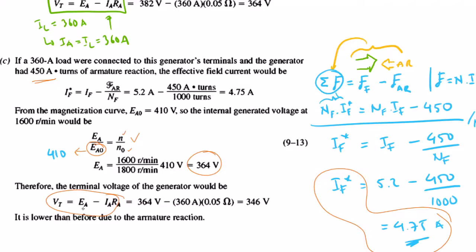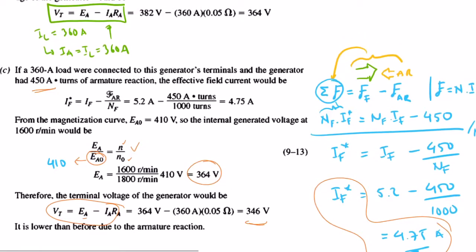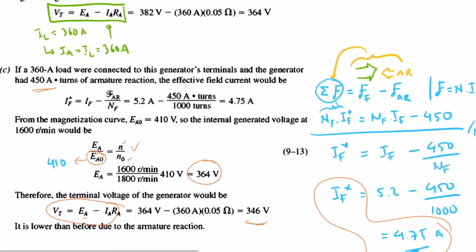We know the value of EA and the rest, so we just substitute these variables with their corresponding values, and you should get the answer that VT is equal to 346 volts, which is lower than before.